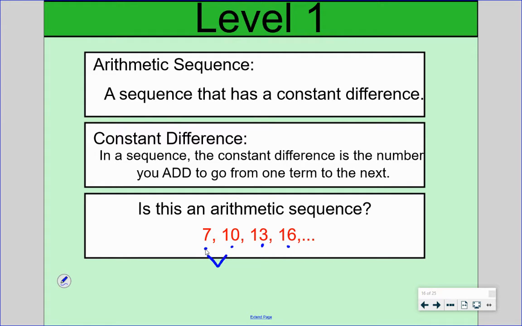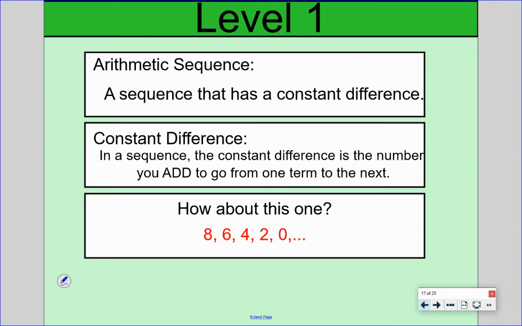Here, to go from 7 to 10, from 10 to 13, 13 to 16, we were adding 3 every time. So that was a constant number. Always we were adding 3. Adding 3 stayed between each time. So that was constant.